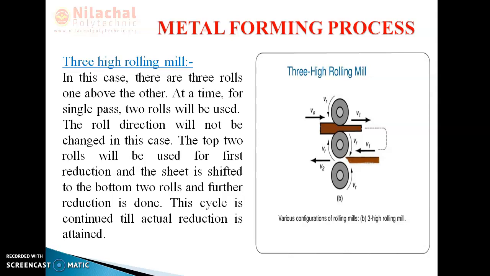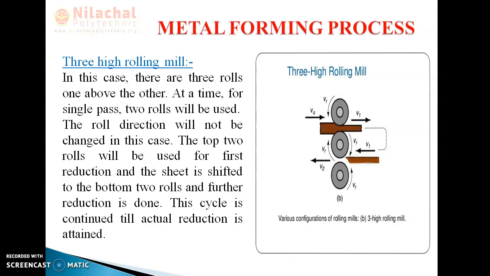That means the direction of all the rolls is always the same. The top 2 rolls will be used for first reduction and the sheet is shifted to the bottom 2 rolls, and further reduction is done. This cycle is continued till the required reduction is attained.